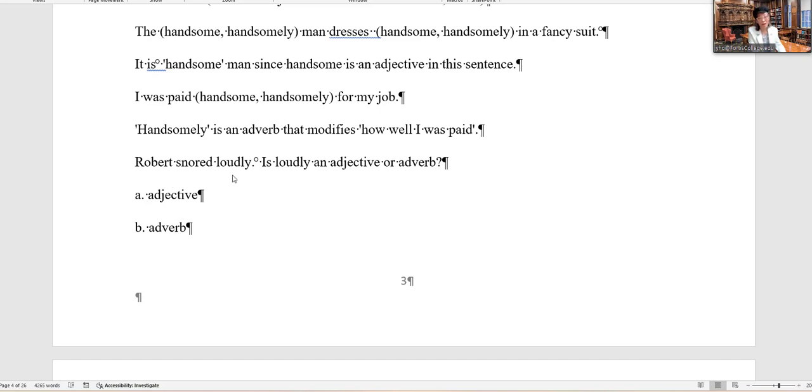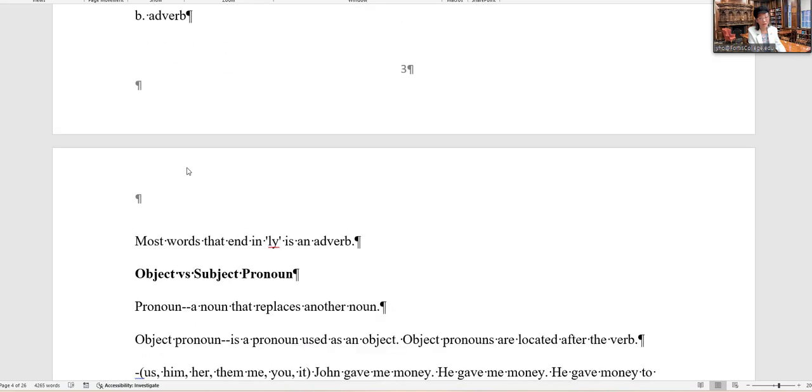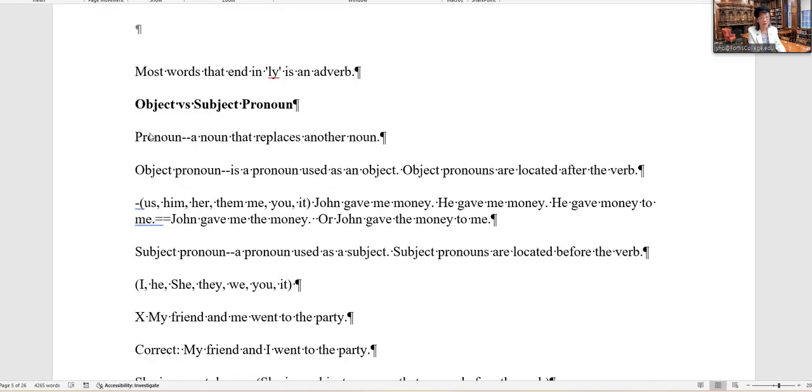So therefore loudly, which is anything ending in ly, is an adverb because adverbs modify verbs. Is everything good on adjectives and adverbs? So what's the difference between an adjective and an adverb? An adjective describes and an adverb modifies a verb. And what does an adjective describe? A noun or a verb?